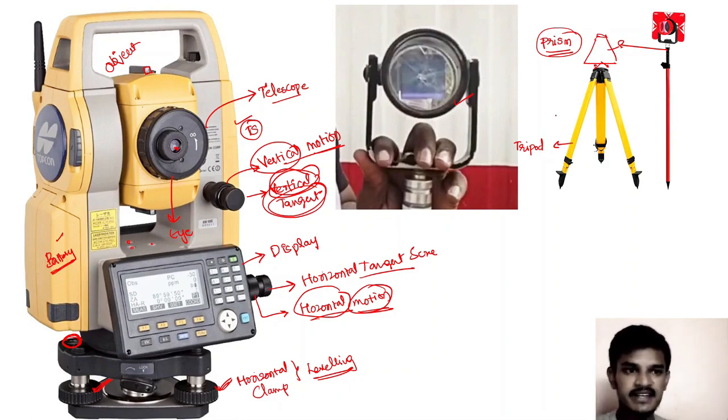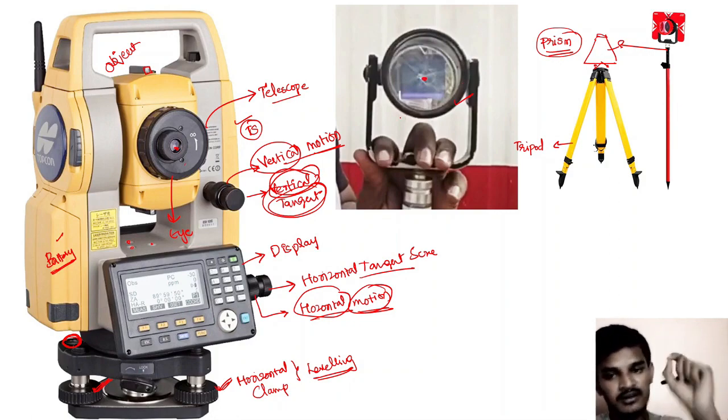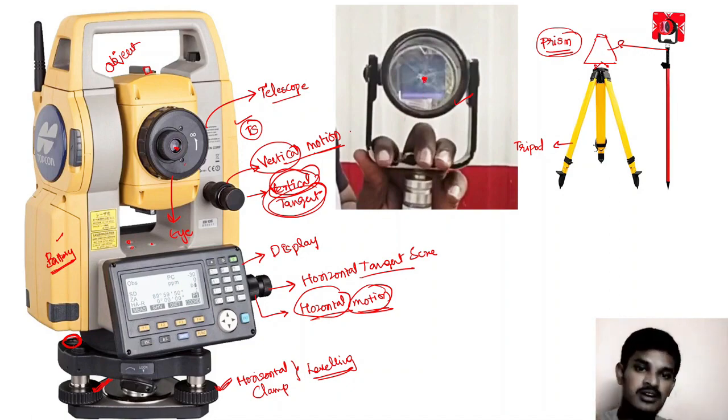Once it is bisected, we focus through the telescope on the prism, and once the laser coming through the telescope bisects the exact center of the prism, with respect to the motion sensor it will directly show the readings here, right?